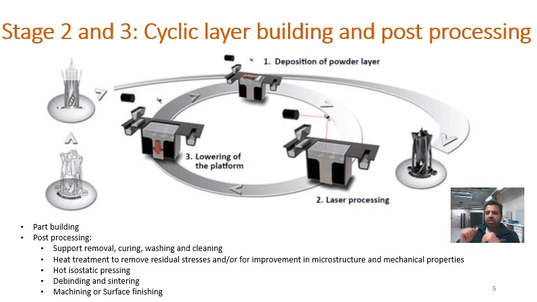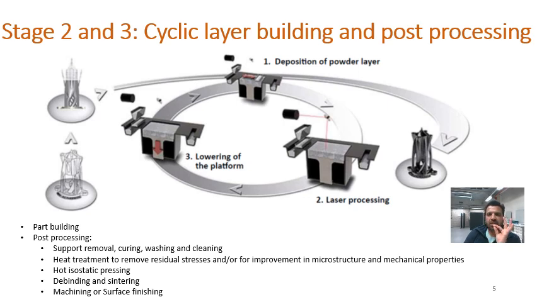Again, when the layer is complete, the platform is lowered, another layer of powder is deposited, and laser scanning is repeated. So this process is repeated until we have a complete part.